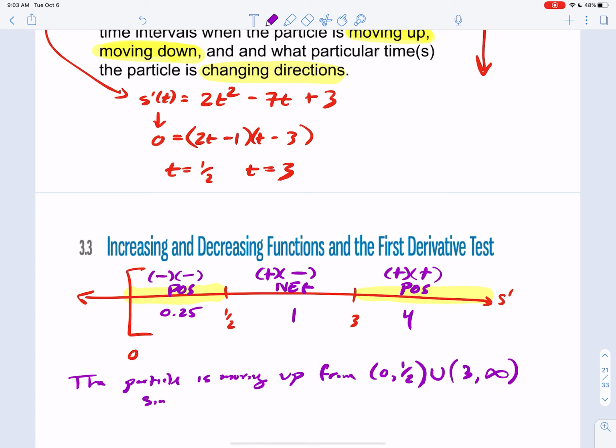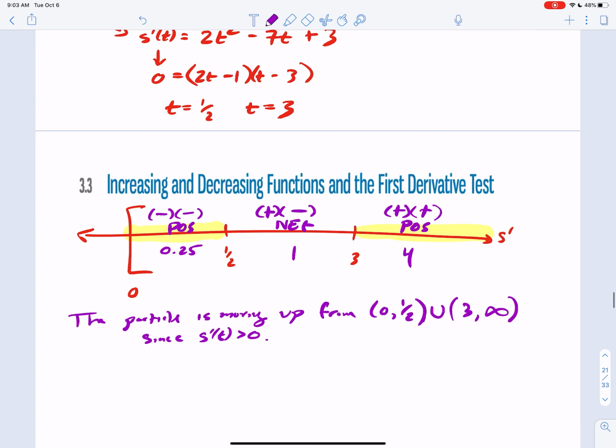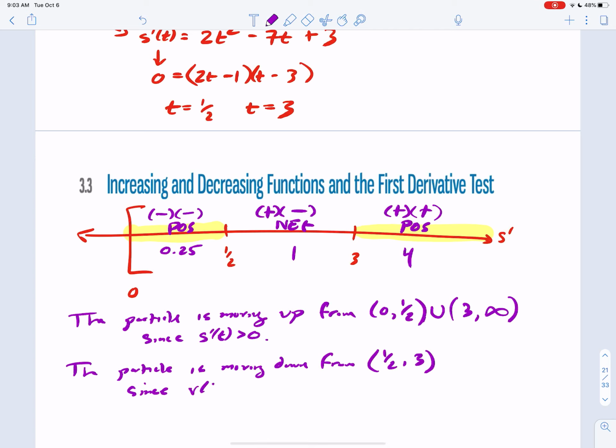So since v of t or s prime of t is greater than 0, the particle is moving down or decreasing in value from 1/2 to 3 since v of t is less than 0 or s prime of t. So I'm using both to show you guys the flexibility there, but you don't have to have one of each, okay?